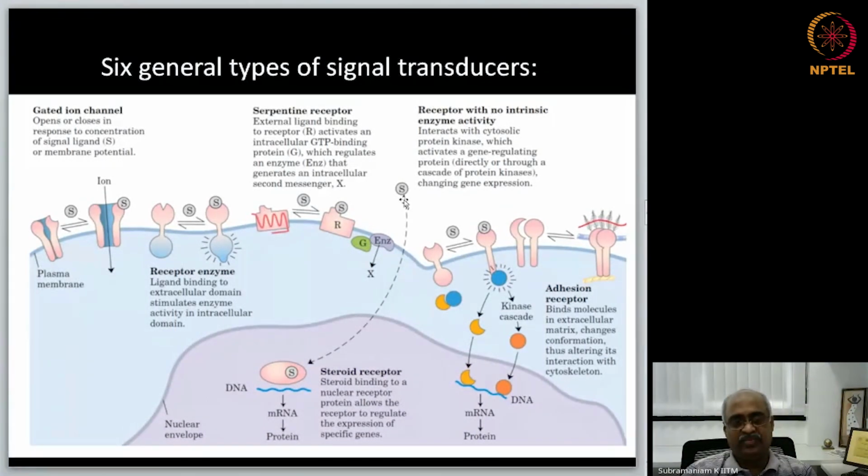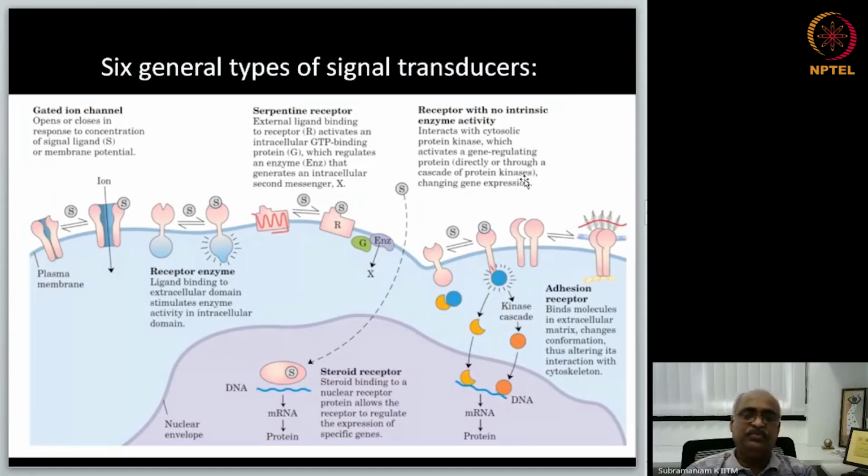They readily diffuse through the plasma membrane and nuclear membrane, and they bind to proteins, which are the steroid receptors in the nucleus, and that may activate transcription of a gene or suppress transcription of a gene in the nucleus. So that's how steroid receptors function. Retinoic acid also functions this way. Vitamin D functions this way.